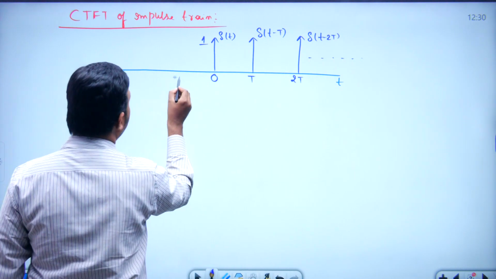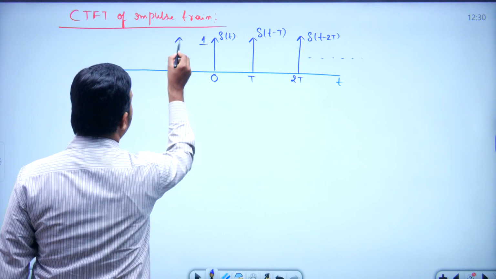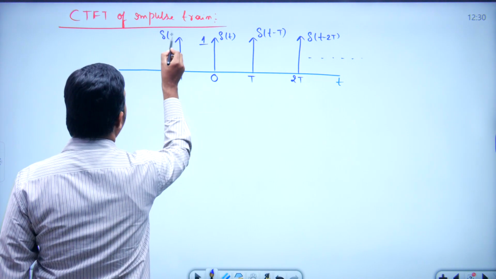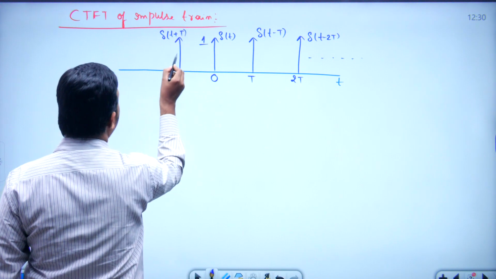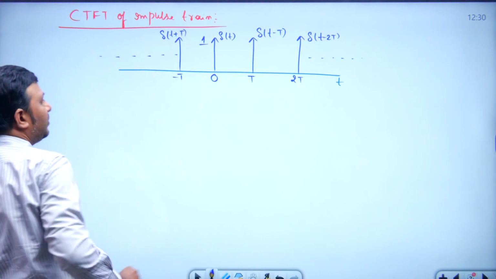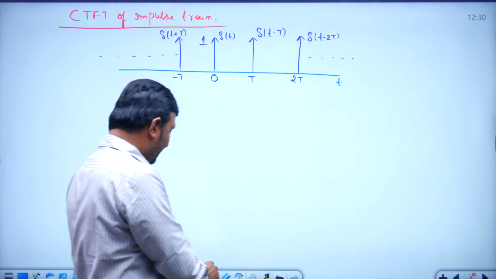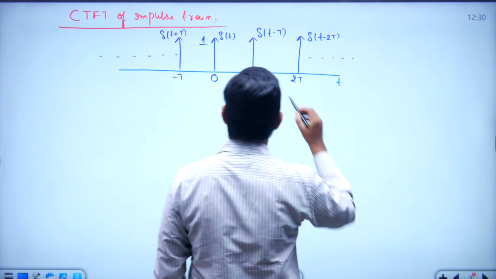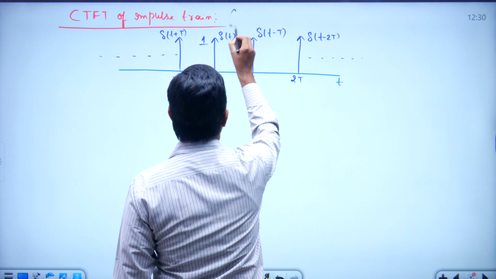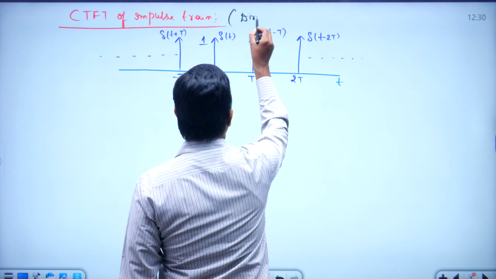I will take one more impulse here, this becomes del of t plus T, and so on. This is my train of impulses, and the other name for impulse train is Dirac comb.